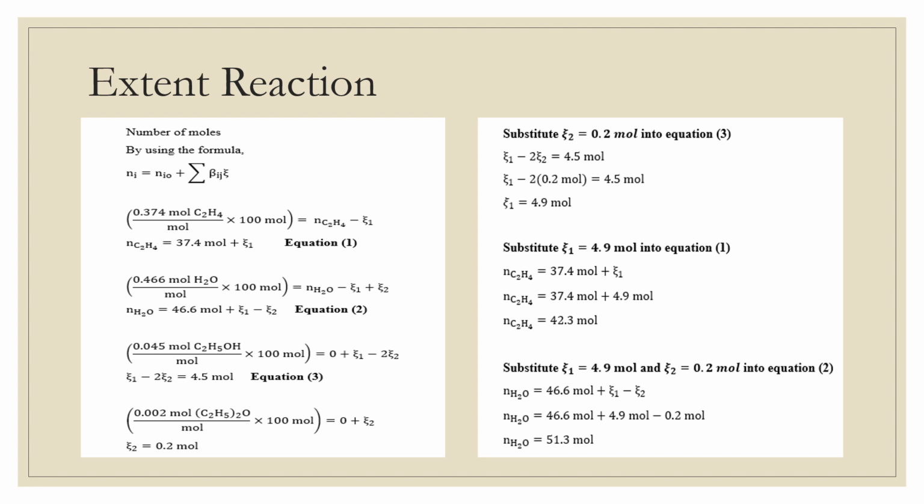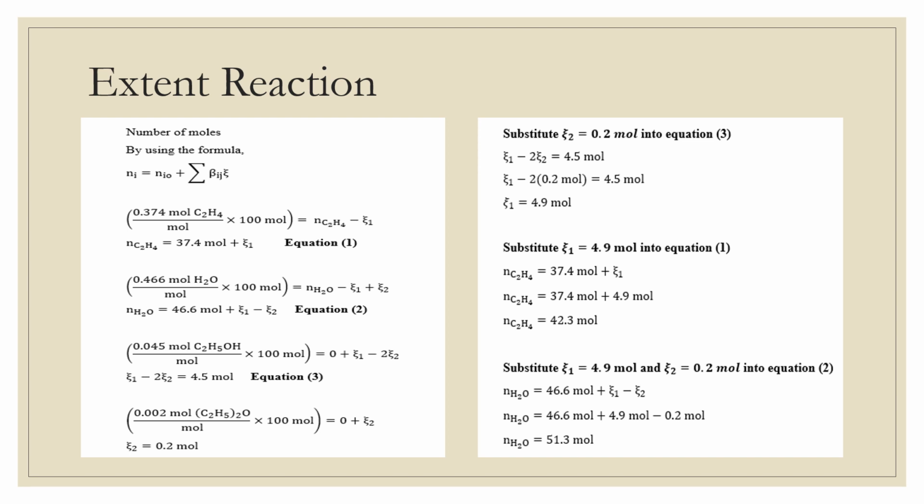As we know, given in the equation, there are 0.374 mole of ethylene times the 100 mole basis. So we have Ni equals Ni naught, where Ni naught is the number of moles of C2H4, ethylene, that we're going to find later, minus Z1.